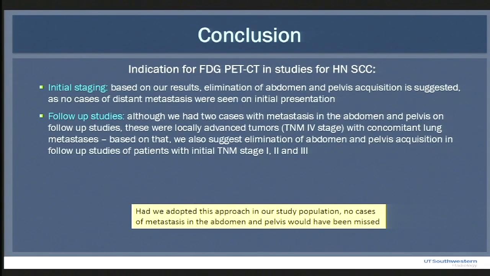No, the thing that I'm trying to say here, Dr. Rowski, is that what we are proposing is that at initial staging, we didn't see any metastases in the abdomen and pelvis. When patients came for the baseline study, initial staging, we didn't see any mets. So if we don't perform the abdomen and pelvis in these patients, we are not missing any metastatic lesion.